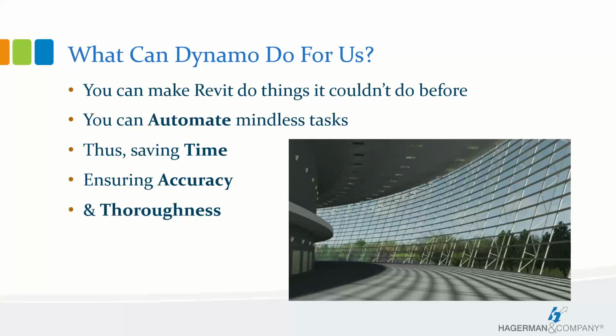Tasks that would take hours to complete manually can be done in seconds. You no longer have to worry about precision. As an example, if I have to manually enter the same piece of data 1,000 times, there's a great chance I will have a typo in at least a few of those instances.